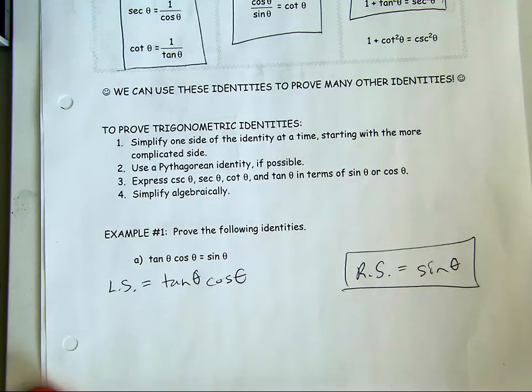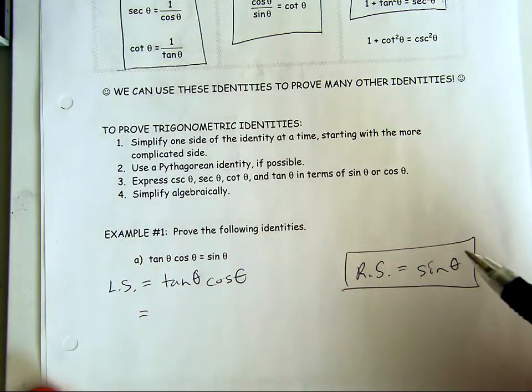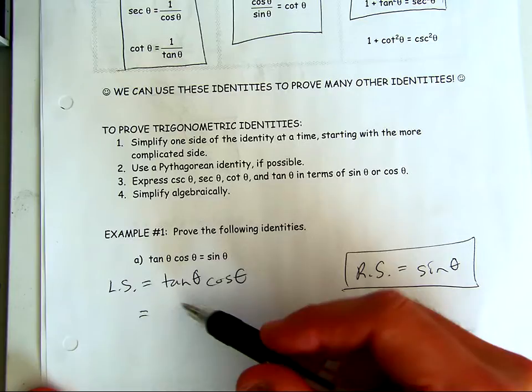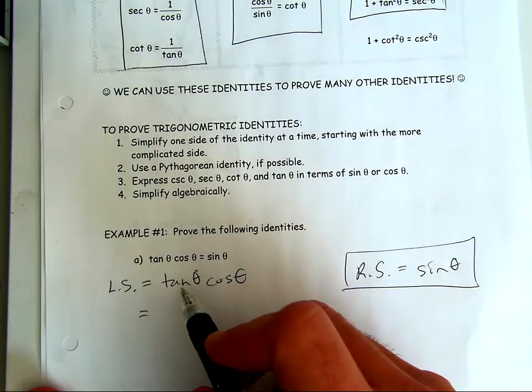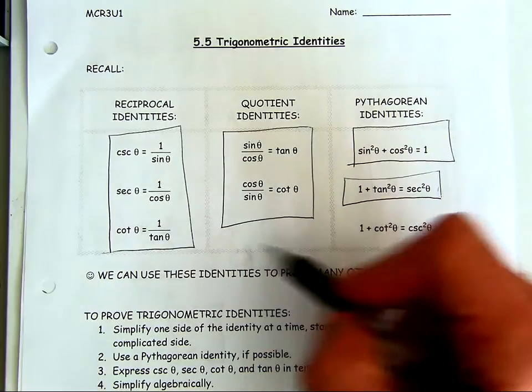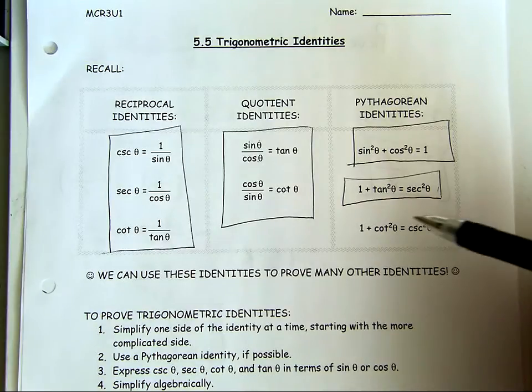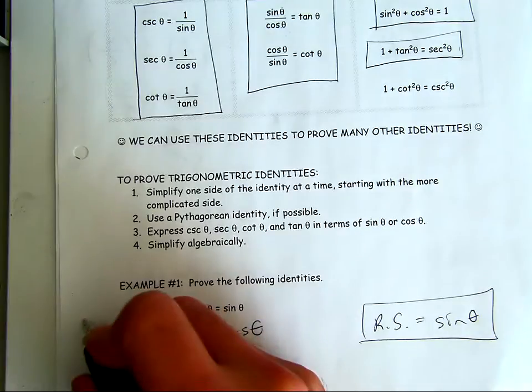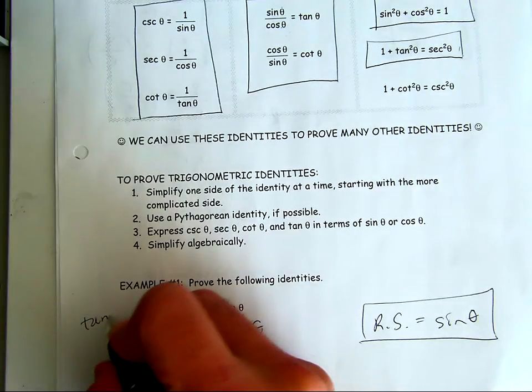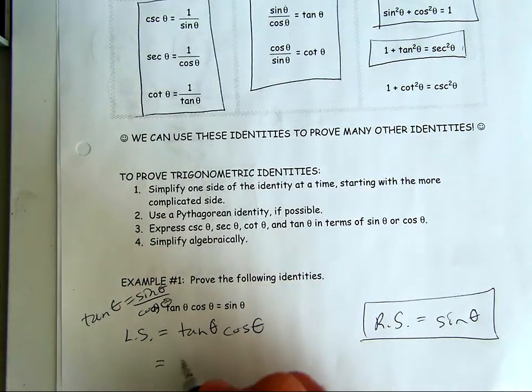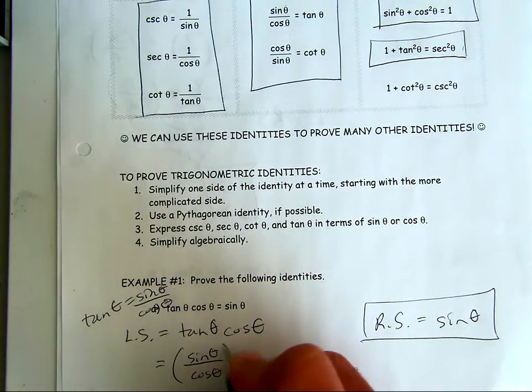But this side here, I'm going to have to change some things around so that this side looks like sine theta. Now, what I noticed from these ratios that I have up here, I can turn tan into sine over cos. And I'm going to tell the reader that off to the side. I know tan theta is equal to sine over cos. So instead of writing tan there, I'm going to write sine theta over cos theta for tan, and I'll leave this cos theta alone.